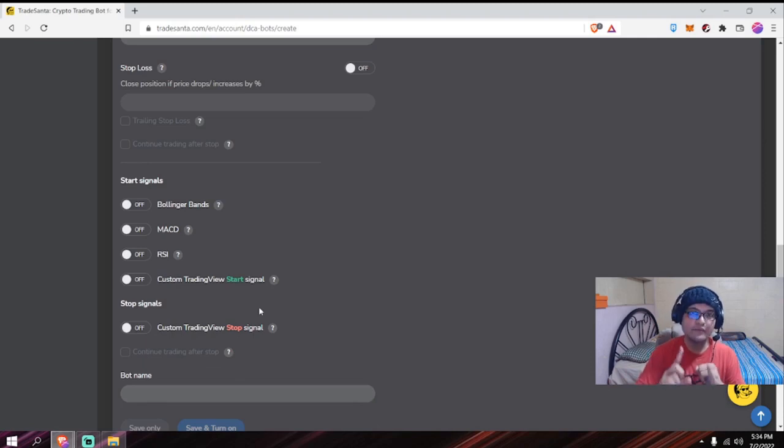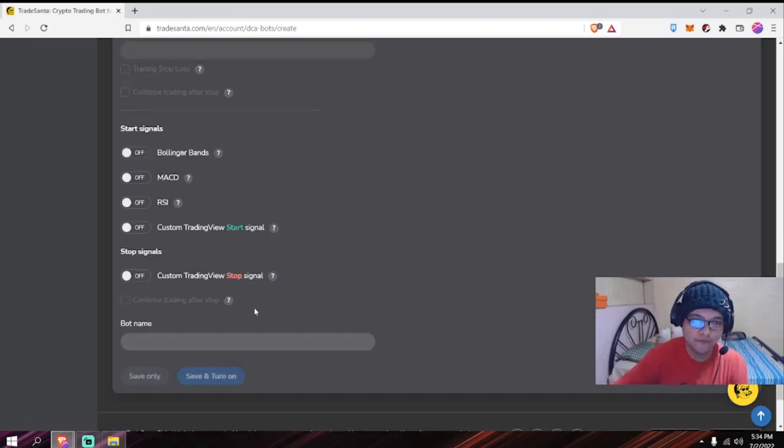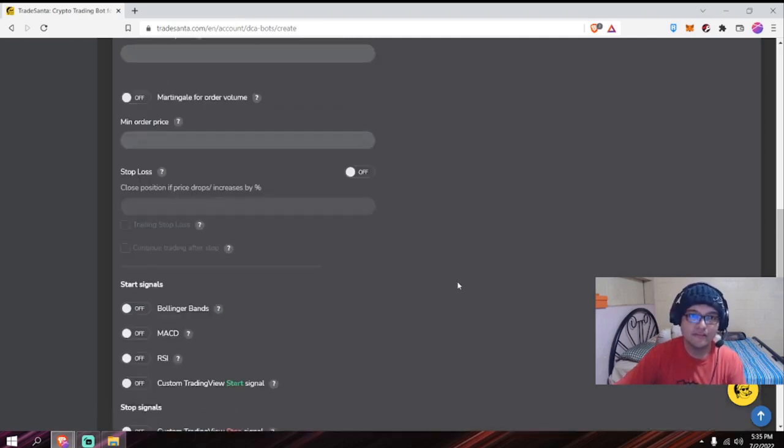You have to pay for a subscription here in TradeSanta, which costs you money, and you have to pay for a subscription on TradingView, which I don't have and I'm not planning to. So I can only use 3 options, which are Bollinger Bands, MACD, and RSI. So you can have your bot in here. You can save it only, or you can save it and turn it on so it can start trading.